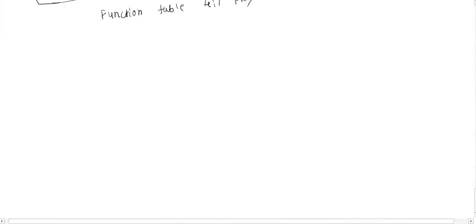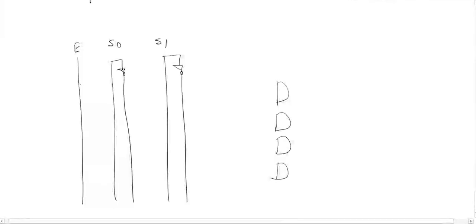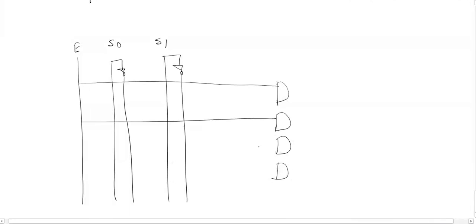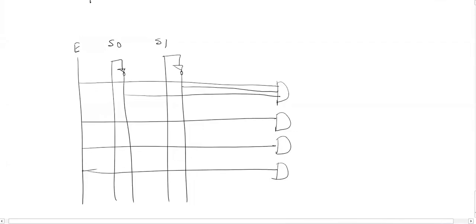Now I am using 4 AND gates. First, S1 bar, S0 bar and D0.